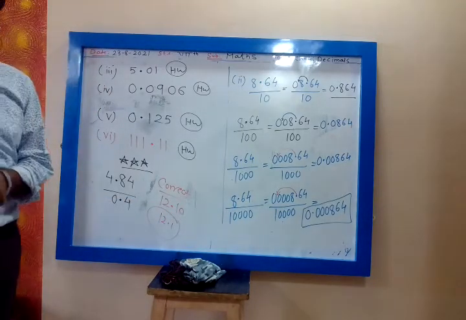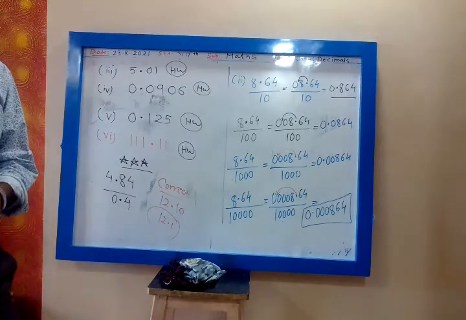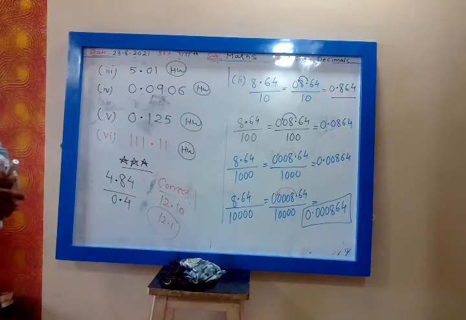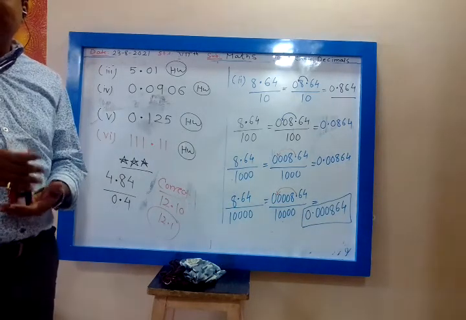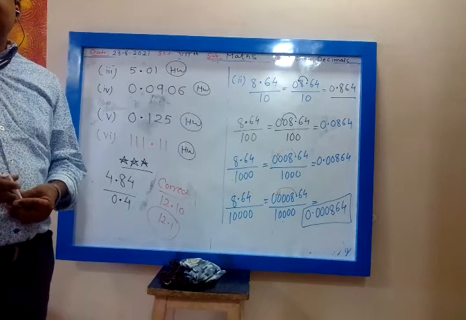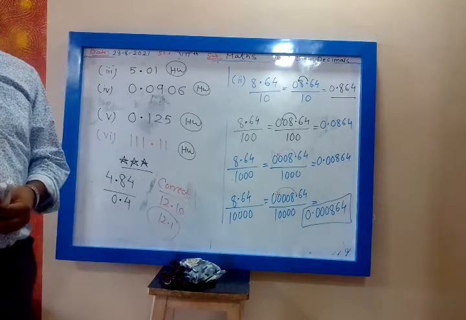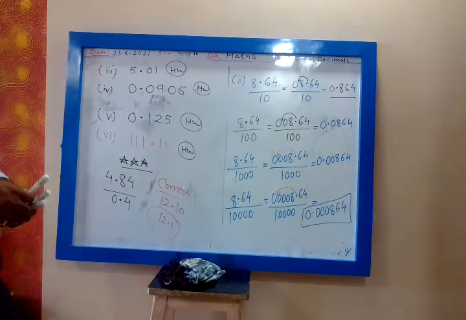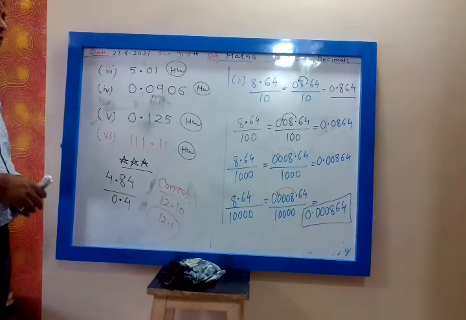Very good. What is your name? Shreya Veera. What is your name? Parvora. 12.1. Very good. So both of you gave the correct answer, 12.1.